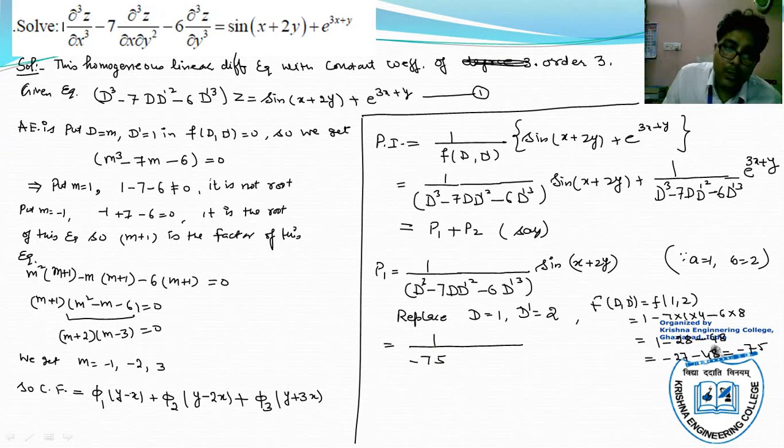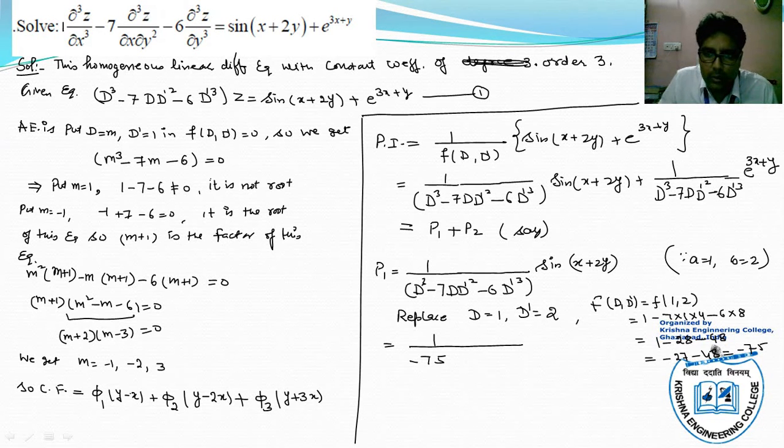And here note that the order of the differential equation is 3. So we integrate 3 times. 1 upon D means integration 3 times with respect to x or with respect to y. There is a problem. With respect to x, there is a problem of y. With respect to y, there is a problem with respect to x. So we take x plus 2y as a common variable.